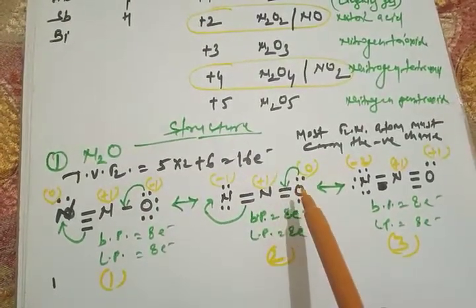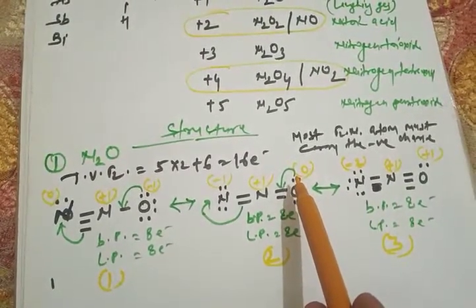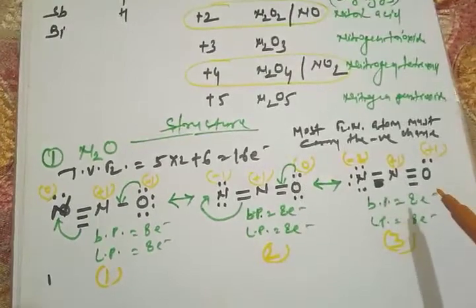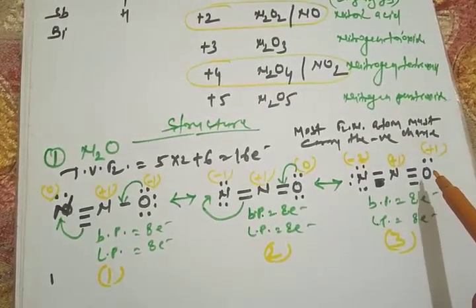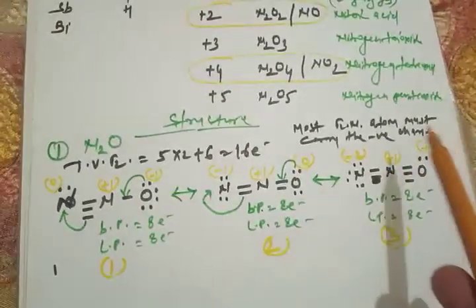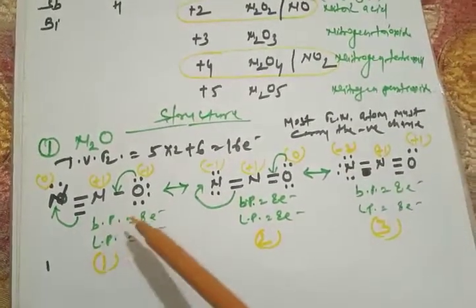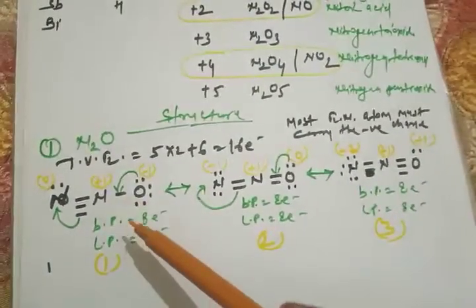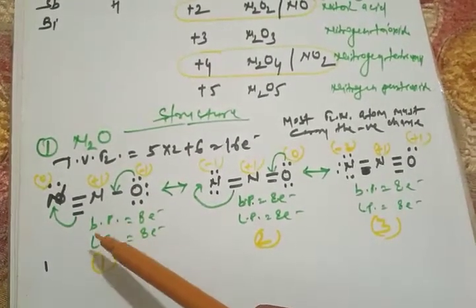Here oxygen is electronegative, but it carries a zero charge, there is no charge in this case. In this case oxygen is electronegative, but here oxygen is carrying a plus charge. So if we consider this point only, out of these three, only in this case oxygen is carrying a negative charge, so this will be the most stable.